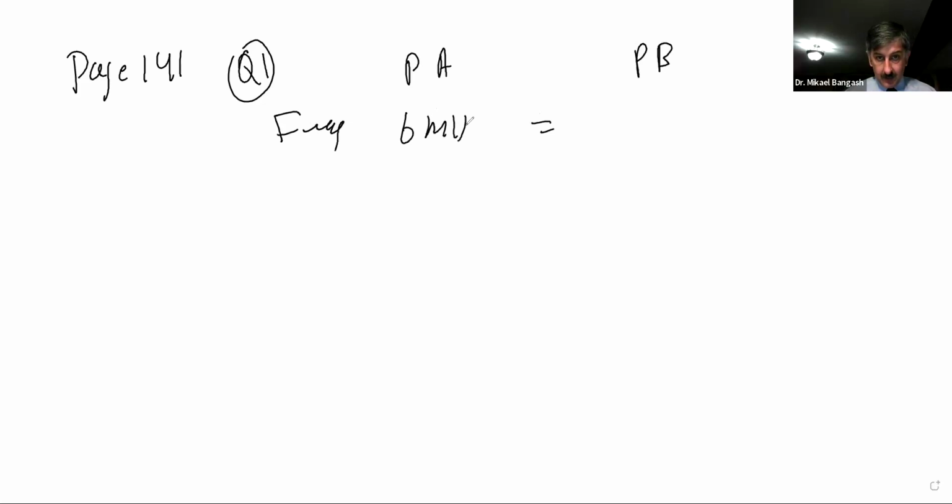Page 141, sorry. And what do we have? Okay, we have question 1. So what do we have here? A pair of 6 megahertz probes are identical except for the active element diameter. So again, we can say we have probe A and we have probe B. Their frequencies are the same, 6 megahertz.